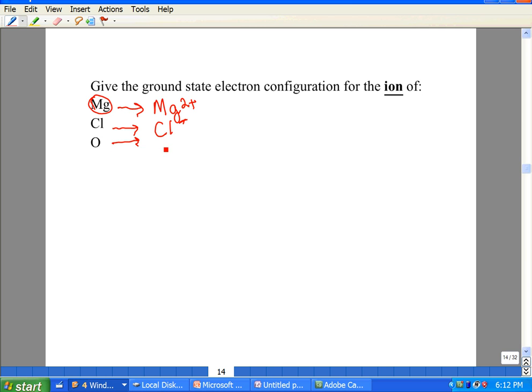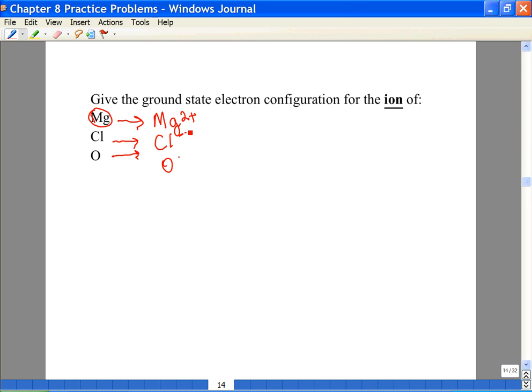On the other hand, oxygen is in group 6. So when you subtract 8 from that, you get a negative 2. Let me rewrite this. Negative 1 here. Negative 2 here.